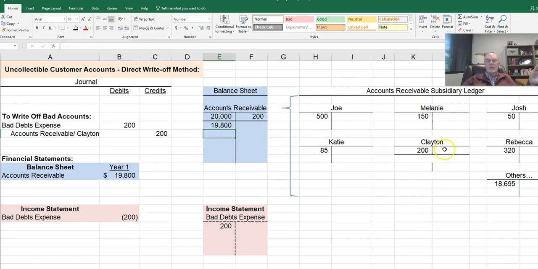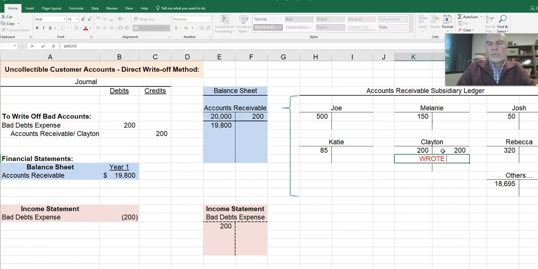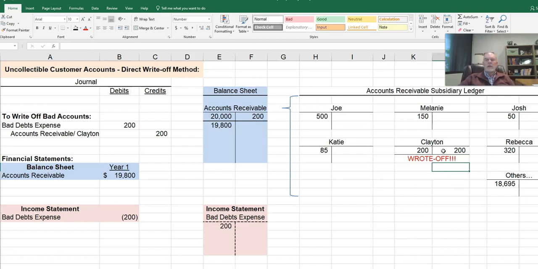And in Clayton's account, by the way, when we credit accounts receivable, the total, we also need to update the individual customer account that was related to that. So we would credit Clayton's account for that $200, and in big red letters we would put "wrote off," because we want to make sure that when we look at his account, we don't think it's zero because he paid us, but we flag it so we know this is not a good account.